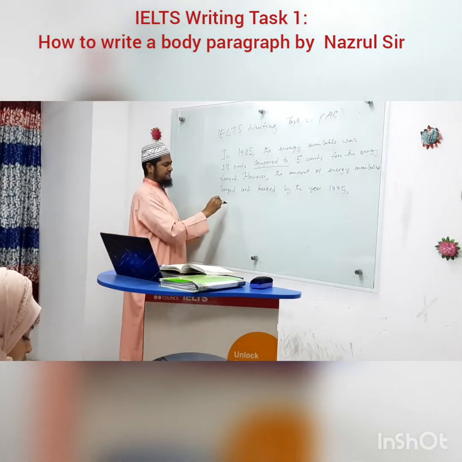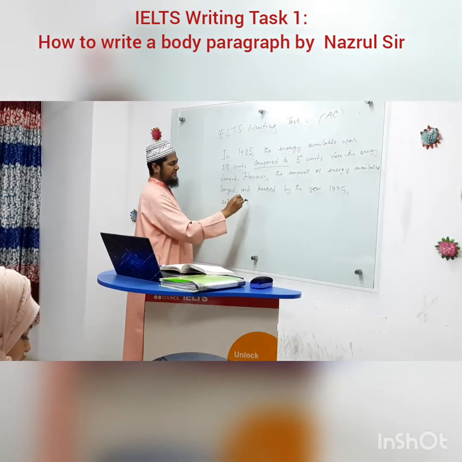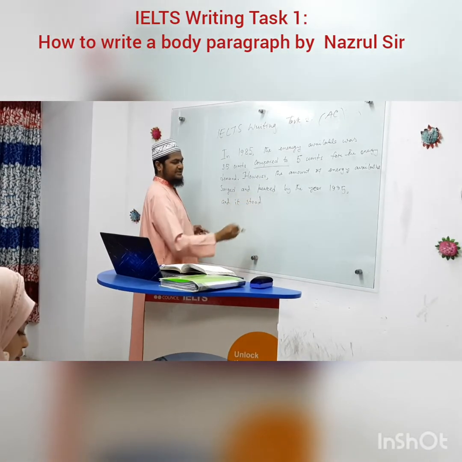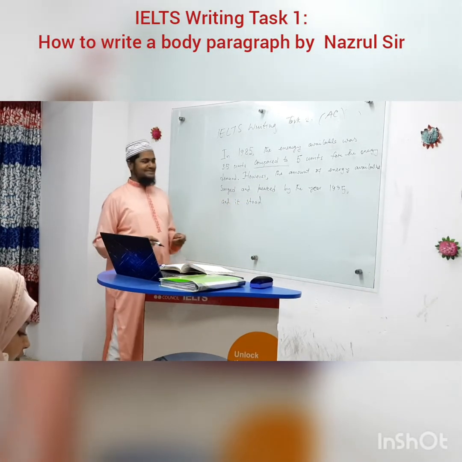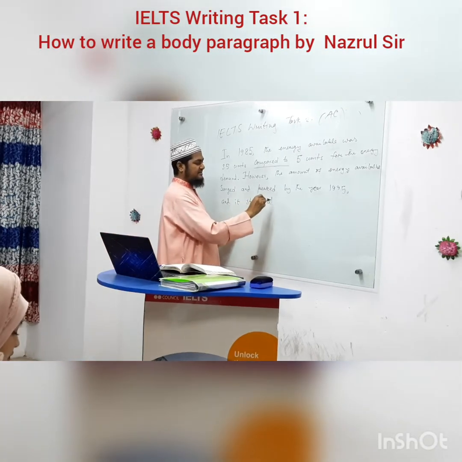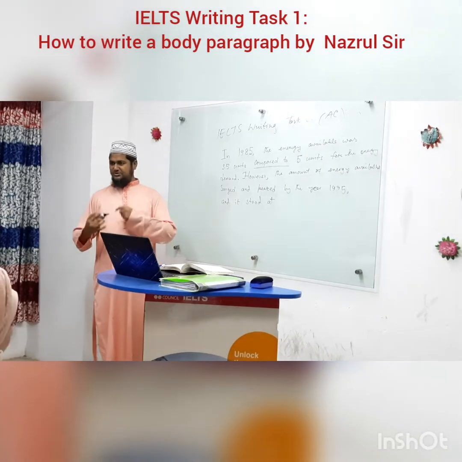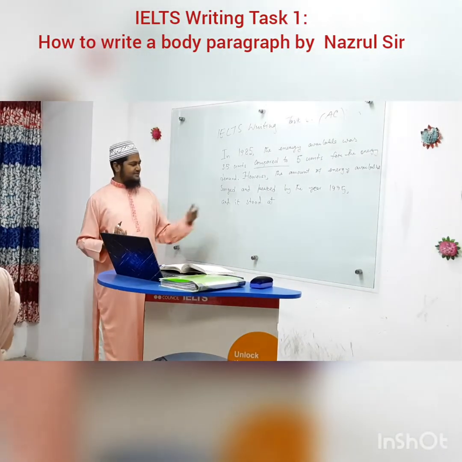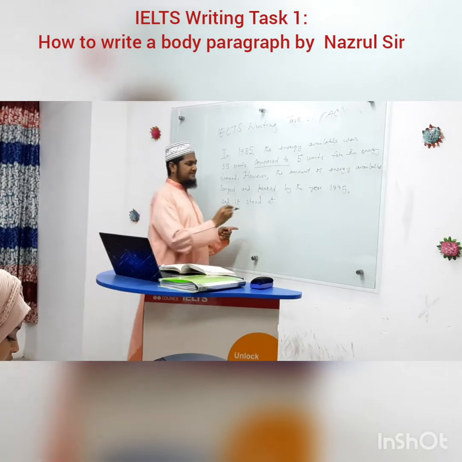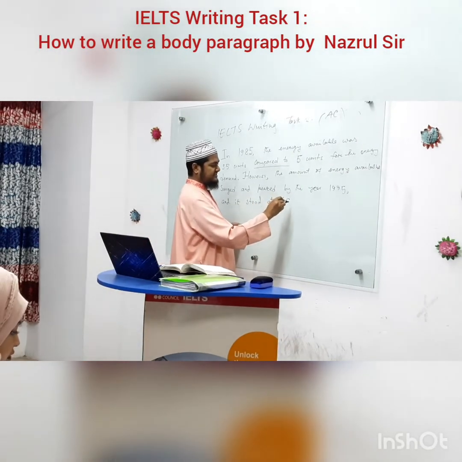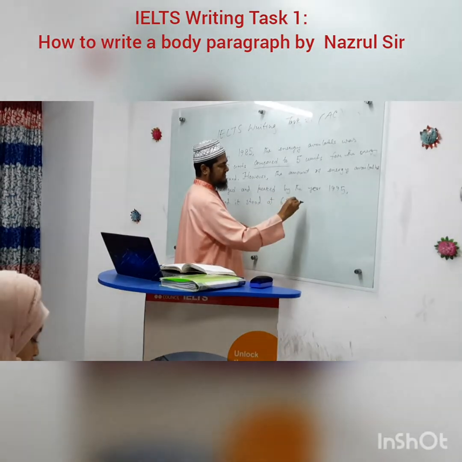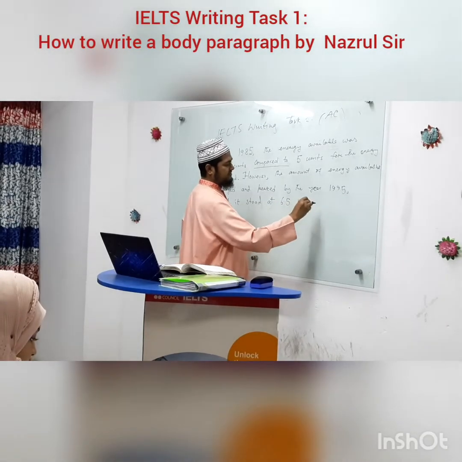And it stood at, increasing the vocabulary, increasing the words. We directly could write peaked at, but we are increasing the number of words. And it stood at 6.5 units.